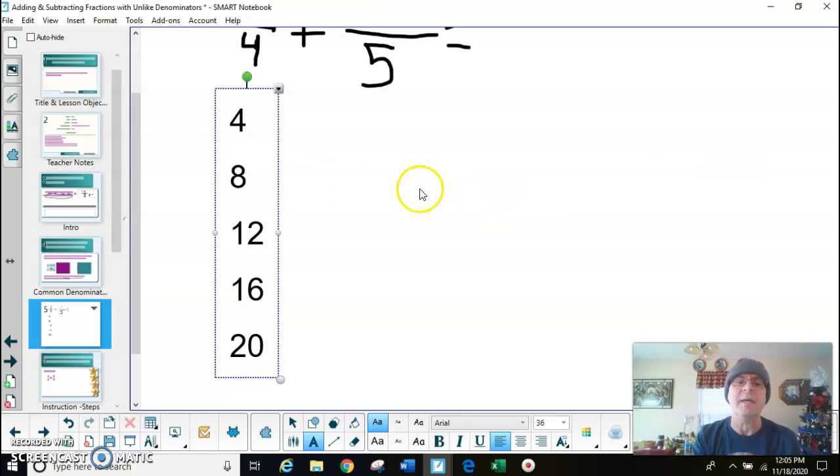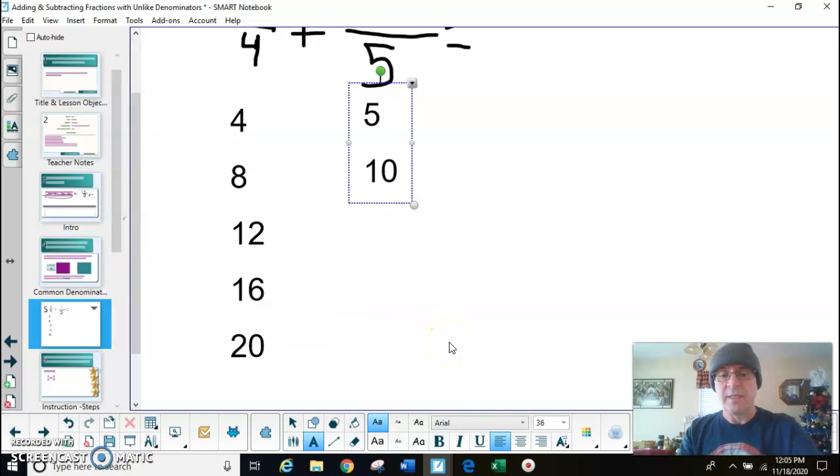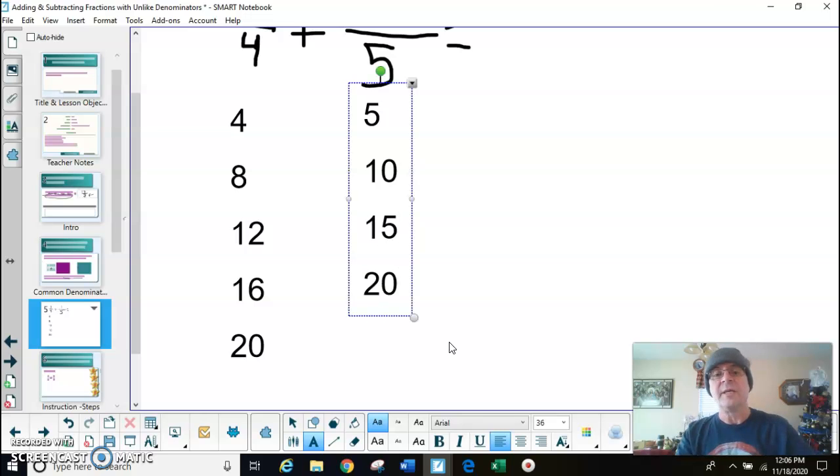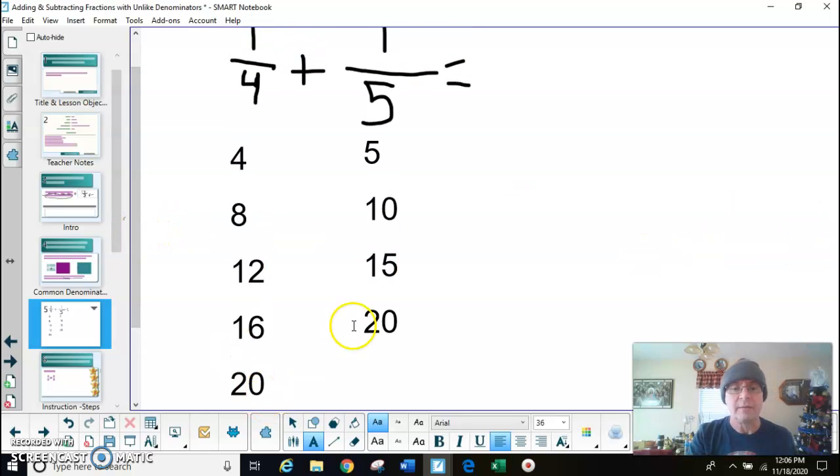I think that might be it. We're going to go through 5s until we get to a number that matches over here. 5 times 1 is 5. 5 times 2, 10. 5 times 3, 15. 5 times 4 is 20. So we now know that we can use the number 20 as a common denominator.